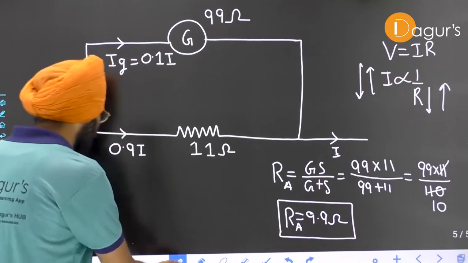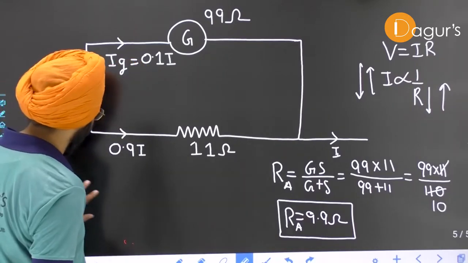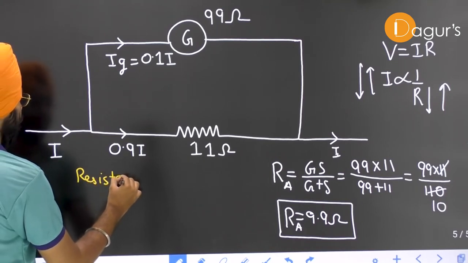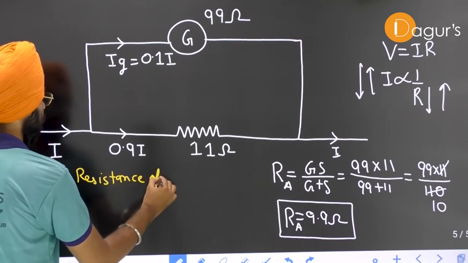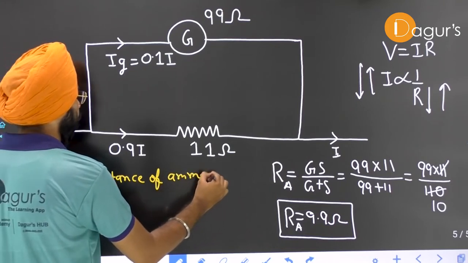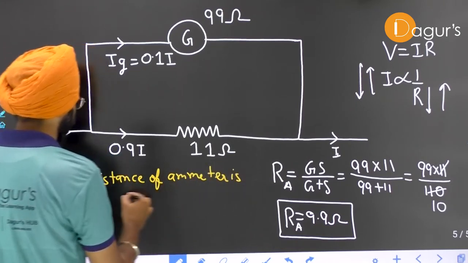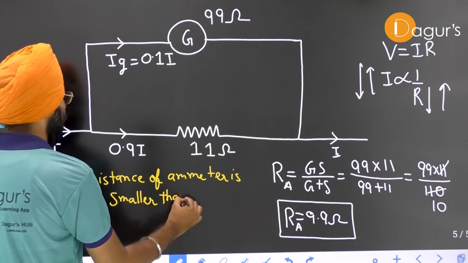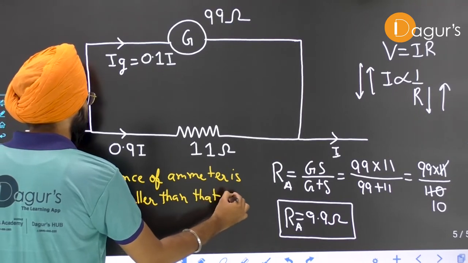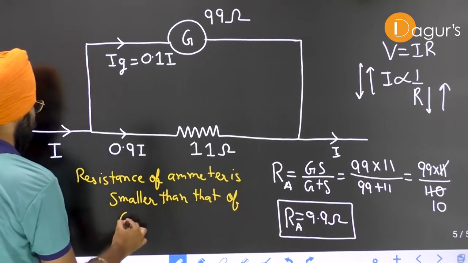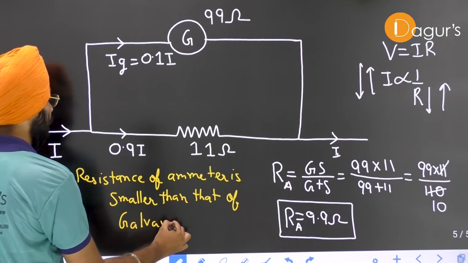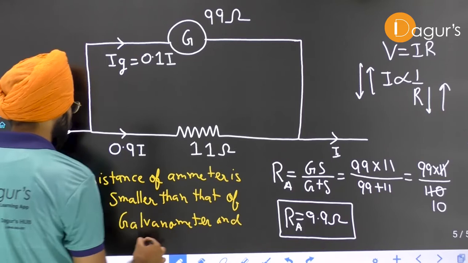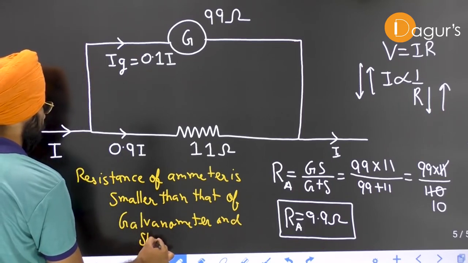Okay. So, we can write it down here. Resistance of ammeter is smaller than that of galvanometer and shunt resistance.